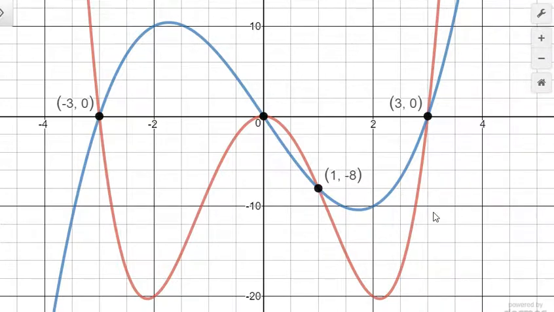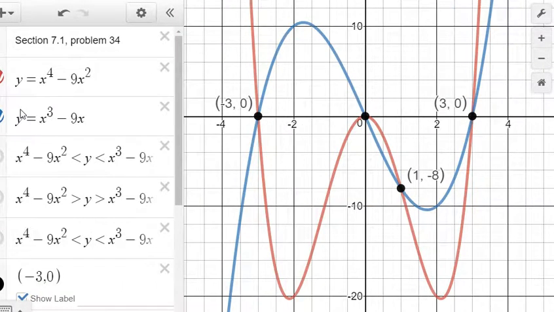So let's see if we can do that numerically, keeping in mind that the blue function is x cubed minus 9x, and the red function is x to the fourth minus 9x squared. Let's put those into our graphing calculator.